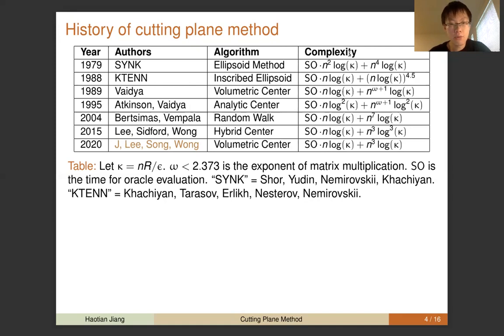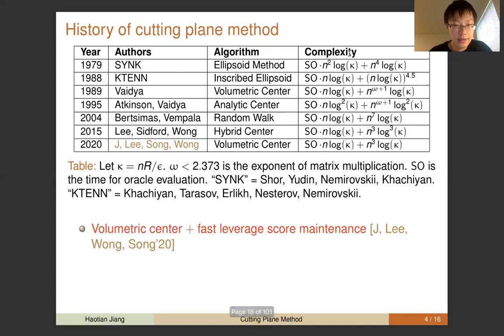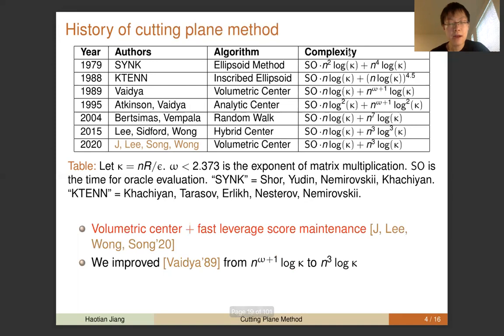So Lee, Sidford, and Wong, using the hybrid center cutting plane method, have an extra runtime of n^3 log^3 kappa. And our method is based on the volumetric center of Vaidya with a fast leverage score maintenance data structure. Compared with Vaidya, we improve the extra runtime from n^(omega+1) log kappa down to n^3 log kappa.